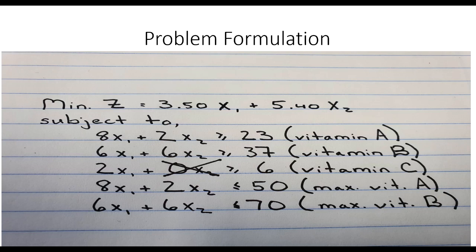That's our minimum amount of vitamin B. 2x1 is greater than or equal to 6, and that's our minimum amount of vitamin C. 8x1 plus 2x2 is less than or equal to 50, which is our maximum amount of vitamin A. And 6x1 plus 6x2 is less than or equal to 70, our maximum amount of vitamin B.